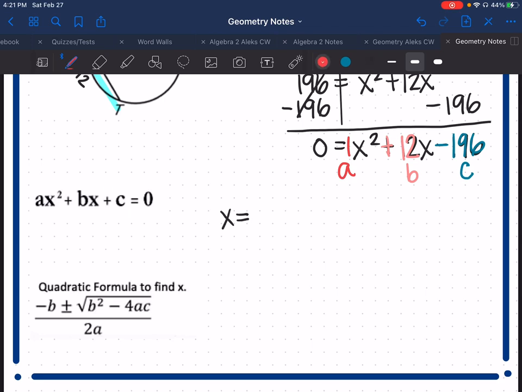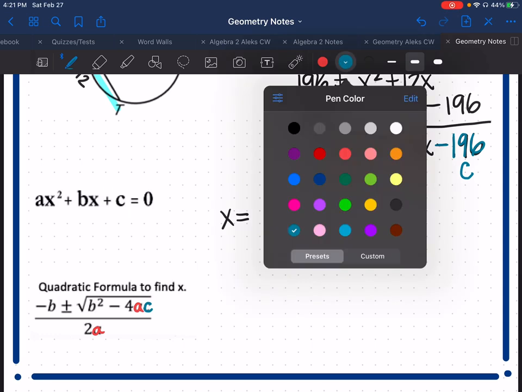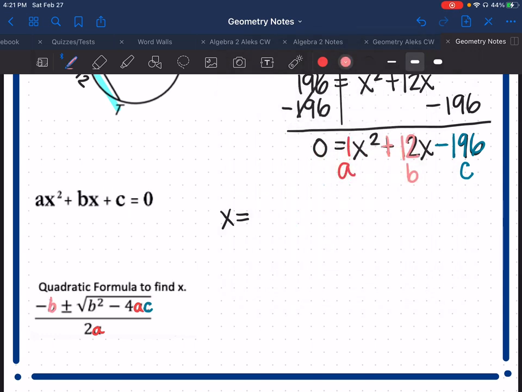I'm going to help myself out here by coloring in my letters, because that's going to help me substitute faster. Whenever I have a formula like the quadratic formula or any of the theorems, I like to use a skeleton.